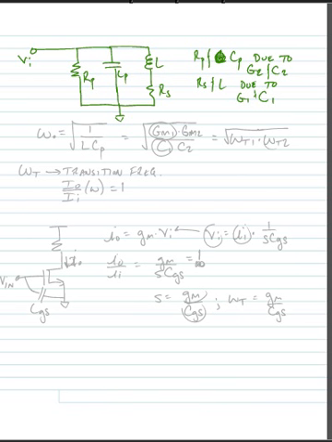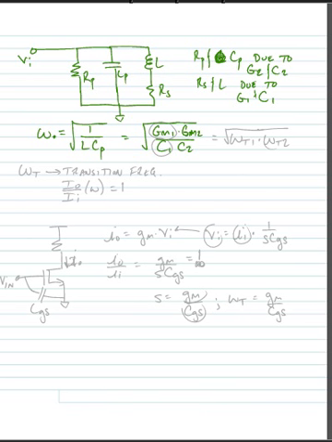If we were looking at this circuit as a resonant circuit, we would find that omega naught is equal to 1 over the square root of L times CP. And if we substitute the values for L and CP into this equation, we would see that it would be equal to the square root of GM1 times GM2 divided by C1 times C2.